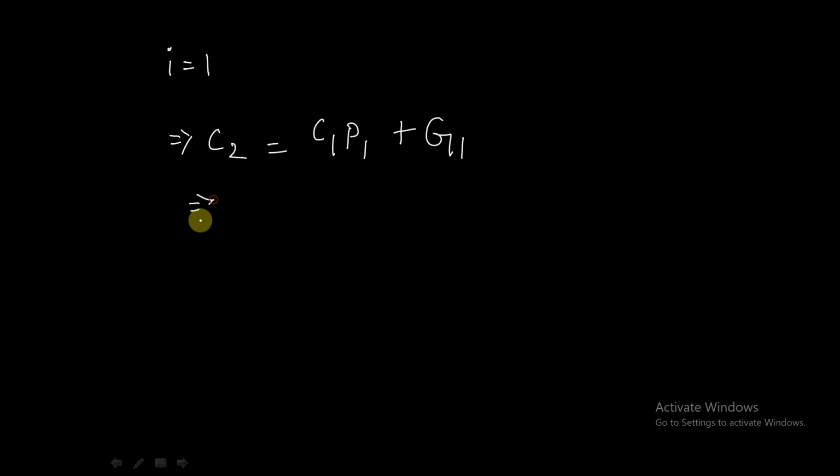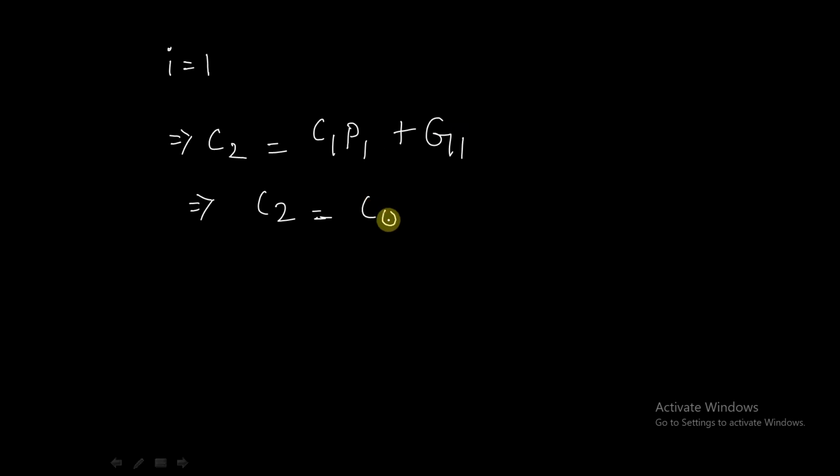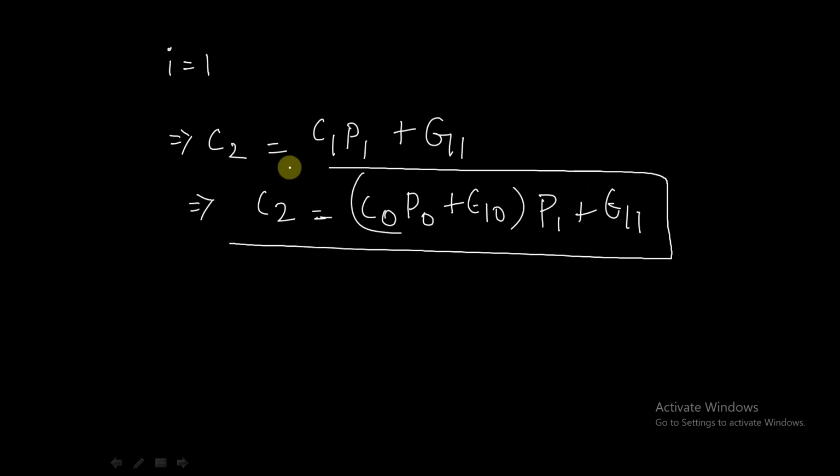And from the previous equation, you can write C2 is equal to C0 into P0 plus G0 into P1 plus G1. So this is the equation we can write for our second stage carry, or you can say the input for our third stage.